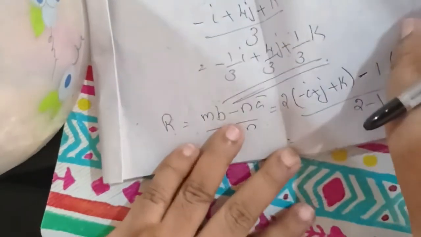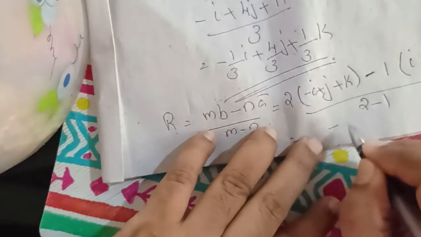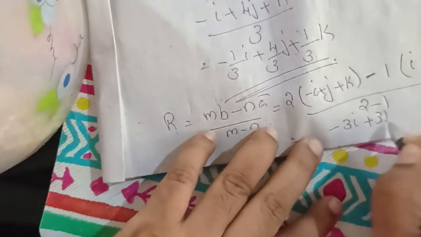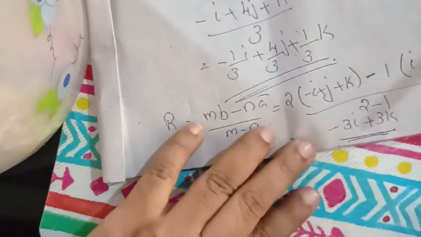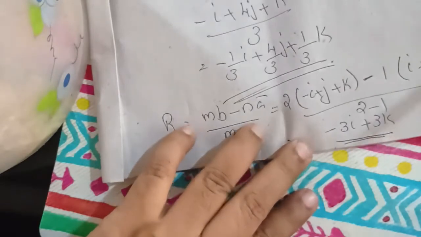Check the final answer. Is it minus 3i plus 3k by 1?